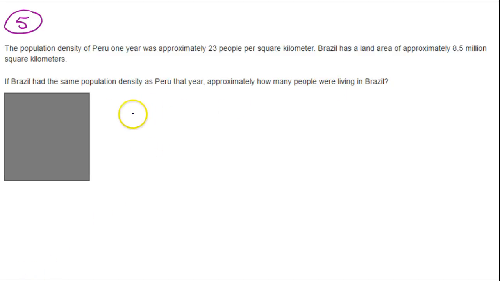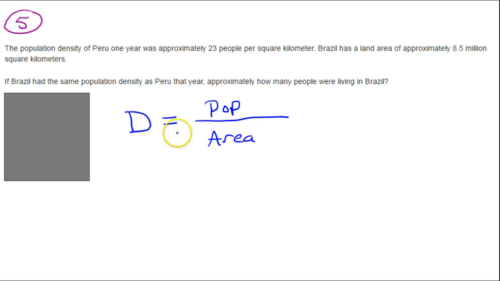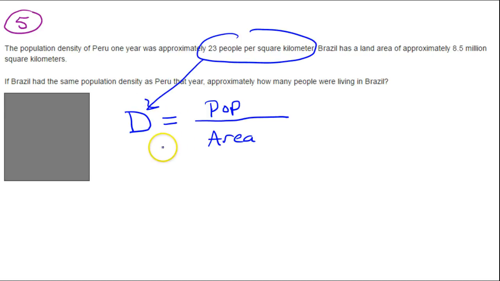Okay, well, we know that population density, which I will call D, should equal the population divided by the area. So if Brazil has the same population density, that means the population density has to be 23 people per square kilometer.